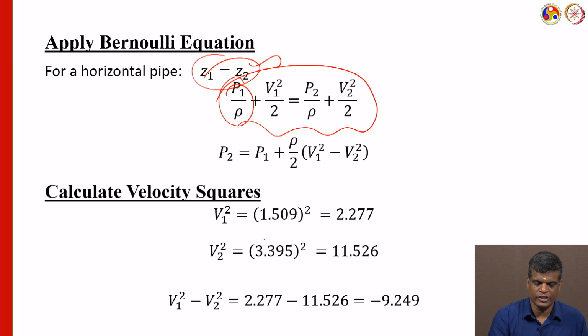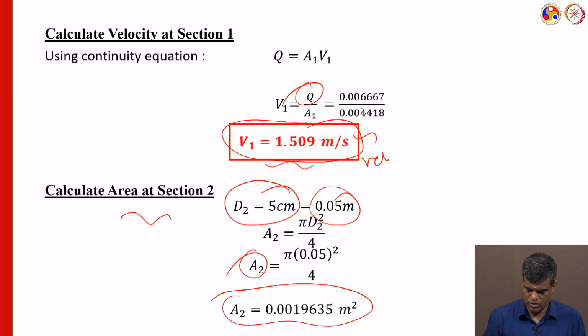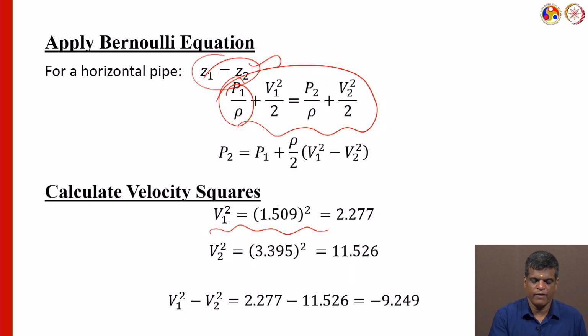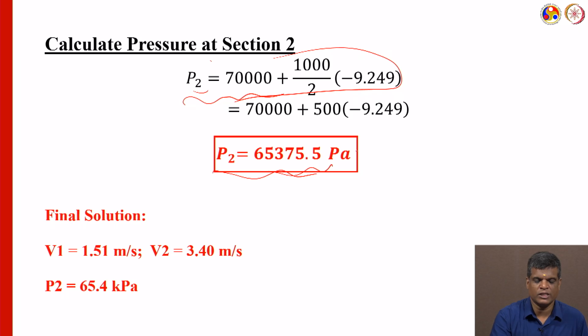So, you rearrange the equation, then you substitute V1, which is already there, 1.509, and the V2 value also here, use these values and take the difference. So, we will finally get P2 at section 2. Finally, P2 equal to 65,375 Pascal.